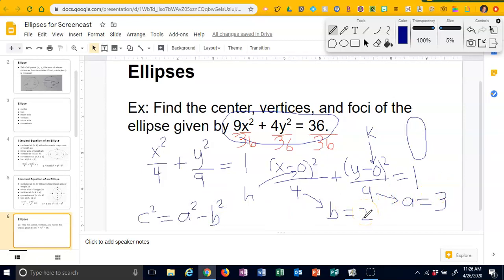If I square b, I get 4. So I get 9 minus 4, which is 5. c squared is equal to 5, so therefore c is the square root of 5. Okay, and now we have enough information to find our center, the vertices, and the foci. In the next video, we'll take all this information and find the center, the vertices, and the foci.